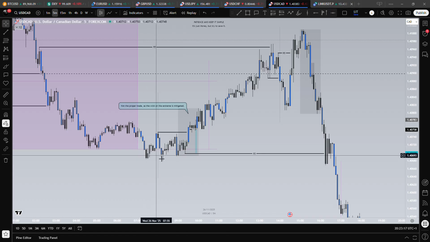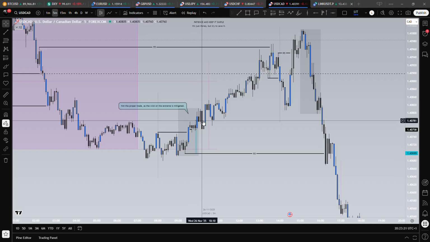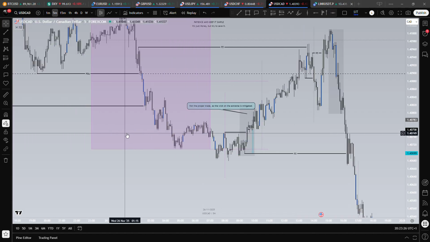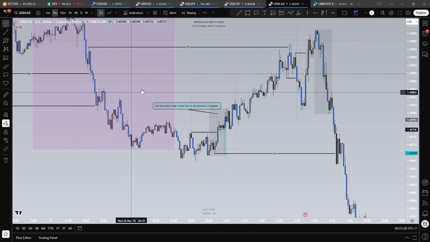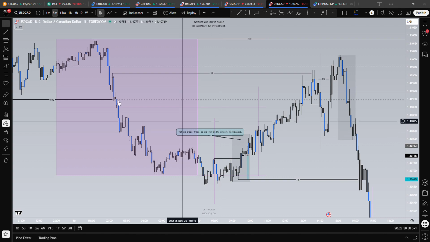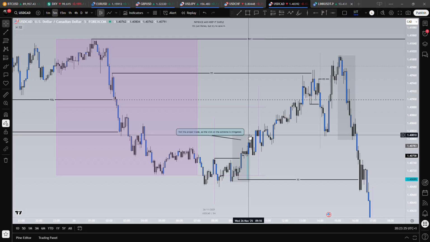So here we have a wick, yeah, but it's mitigated here, and then this one here. So I don't really think this is a proper trade. We don't have a clear liquidity zone.